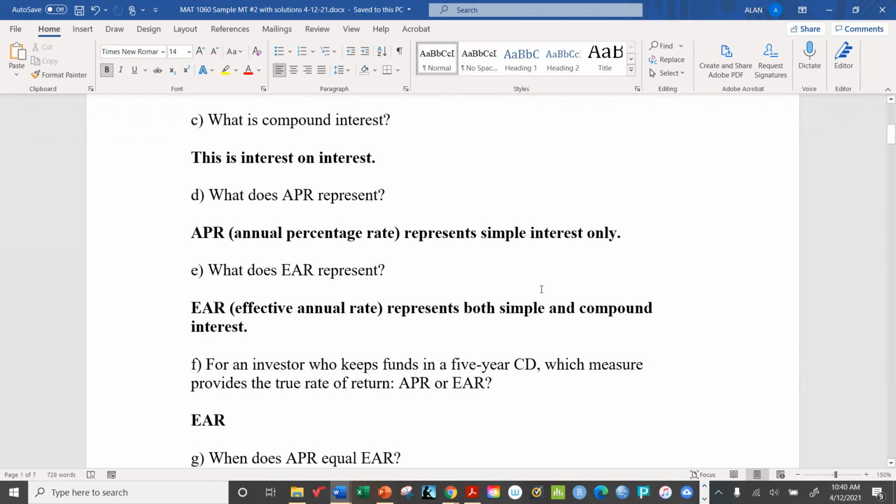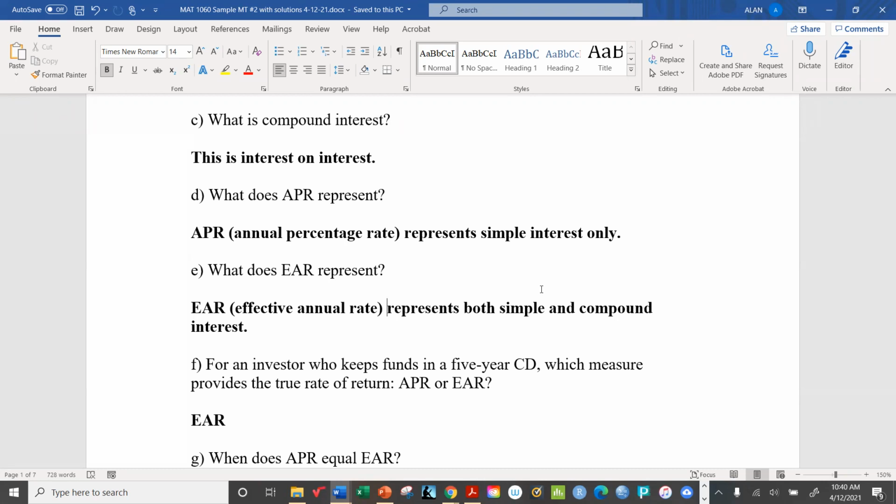Now, here's an interesting question. For an investor who keeps funds in a 5-year CD, which measure is providing the true rate of return, the APR or the EAR? Well, the APR gives us useful information, but it does not take into account the compounding frequency of our deposit.